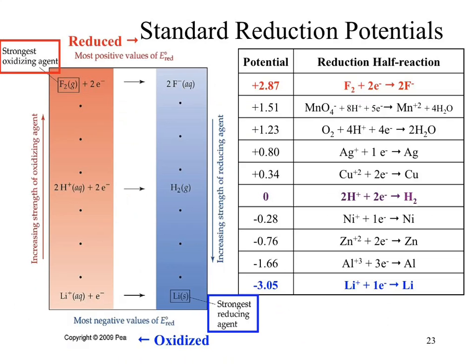That's a good reaction. Why is that a good reaction? We have a high positive potential for that. If we take a look at lithium ion going to lithium metal, is that a likely reaction? No, because what we'd be looking at is the reaction occurring here. Lithium ion going to lithium, that has a negative potential.